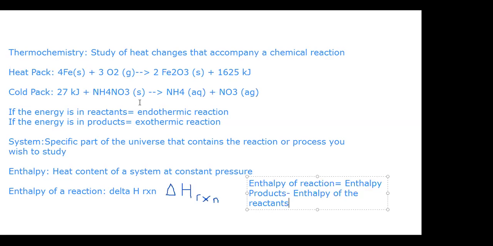The change down here will be negative 27 kilojoules, because we're taking products, which would be 0, minus the reactants, which would be 27. And so that's how you can try and figure out enthalpy things. There's a lot of different things that we can look at, though, with enthalpy. Are there any questions so far about this stuff?